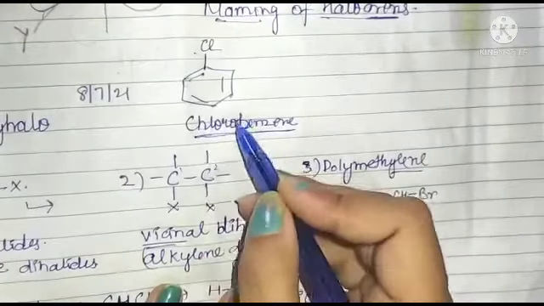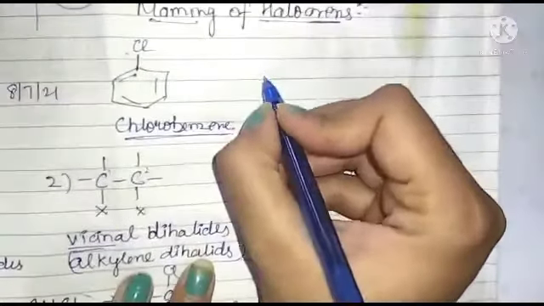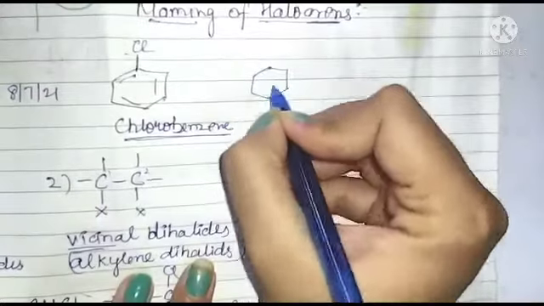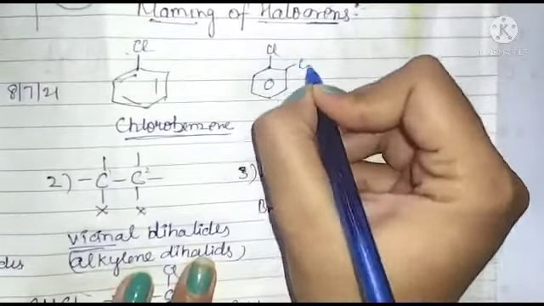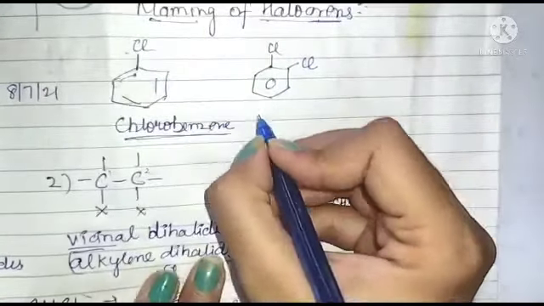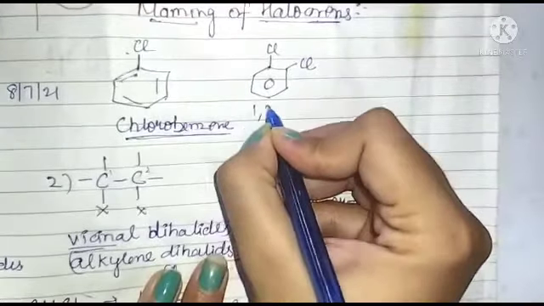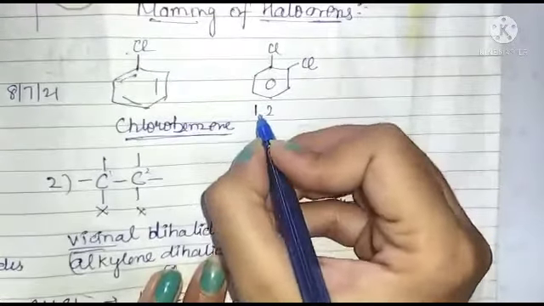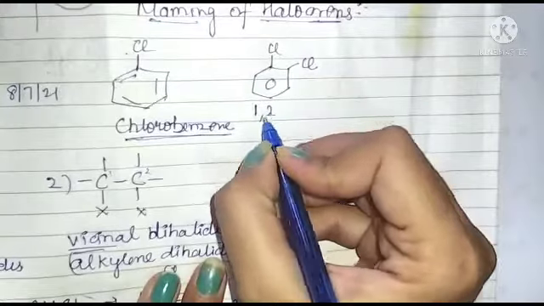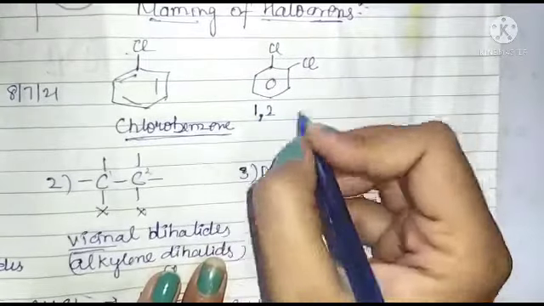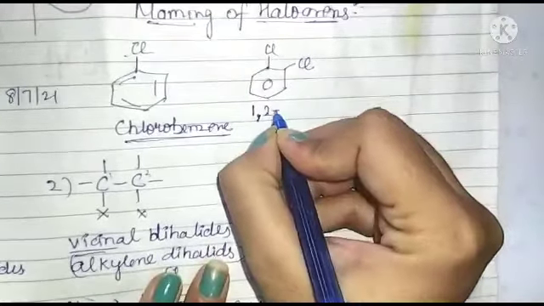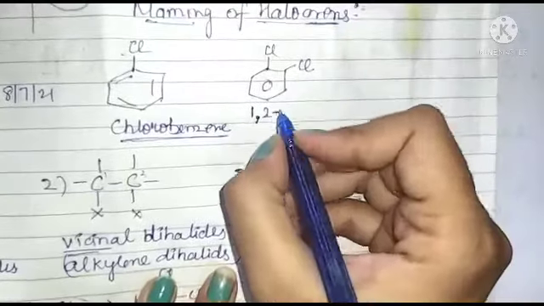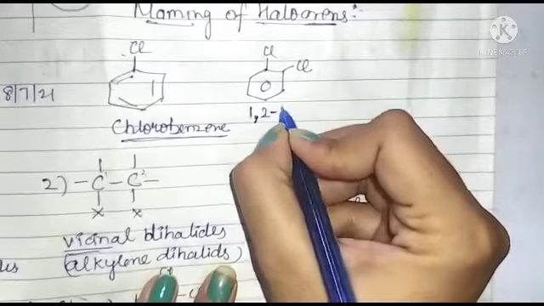Okay, like that, if I'm taking one more example, we have a benzene ring, and in the first and second position we have chlorine. So what do we have to write? 1,2. Okay, as I'm saying, when we are writing two numbers, then we have to mark a comma, and after writing the numeric value and the alphabet, in between we have to mark a hyphen.